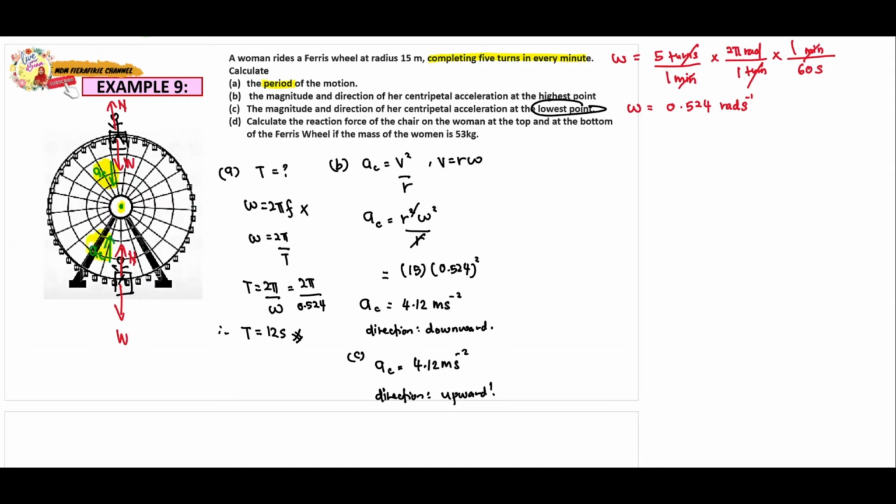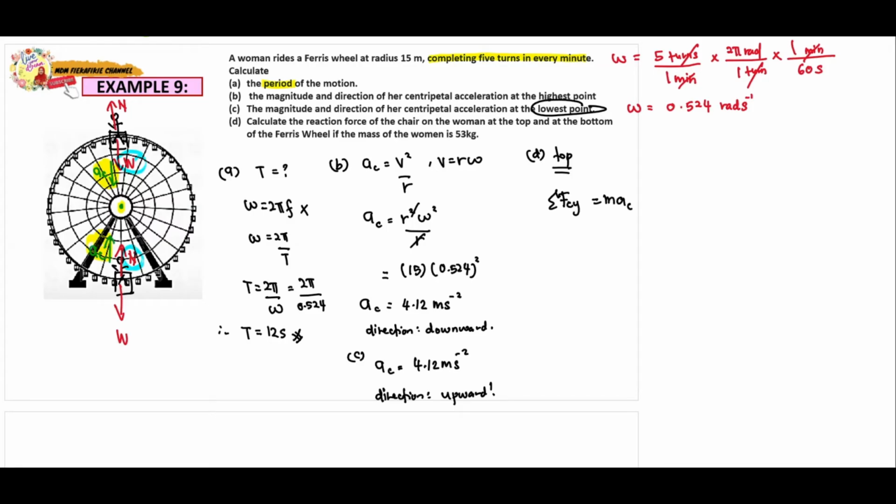But this time, the direction of normal force pula yang same direction dengan AC. Masa dekat atas tadi, W yang same direction dengan AC. Okay, masa dekat bawah, normal force yang sama. That's why, when we write the equation, kita buat dulu top, total Fy ataupun sigma Fy equal to m AC.